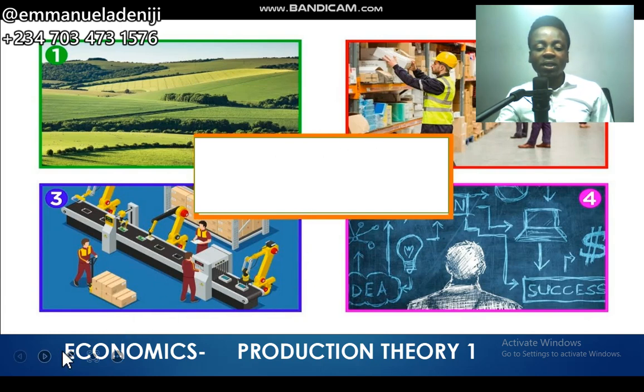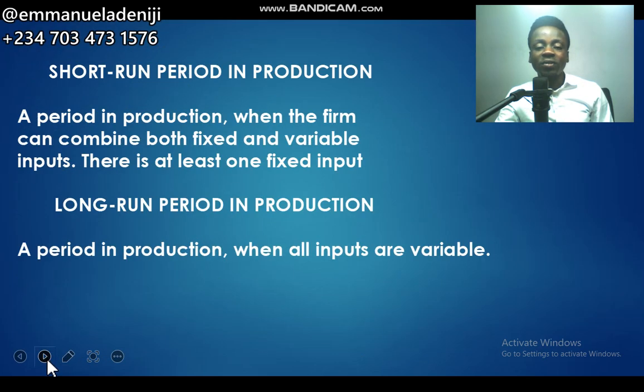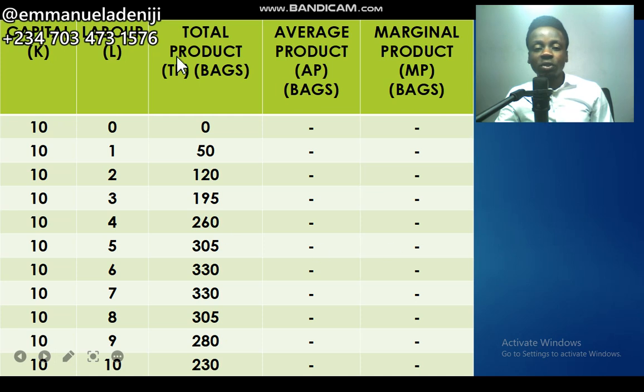All right, let's see this production schedule. Let's identify if this is a short run schedule or a long run schedule. In this production schedule, the firm uses capital in combination with labor. The quantity of capital at this level is fixed. The firm has 10, 10, 10, 10 all through, while the quantity of labor varies.